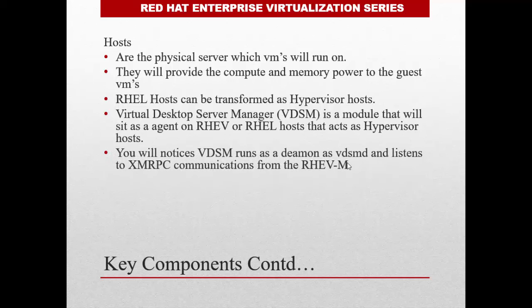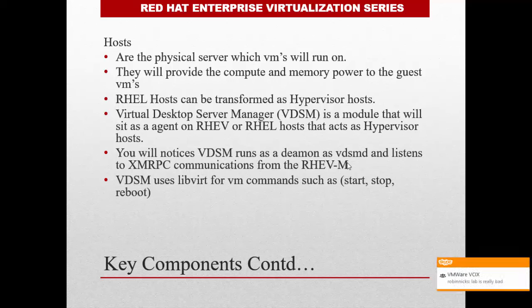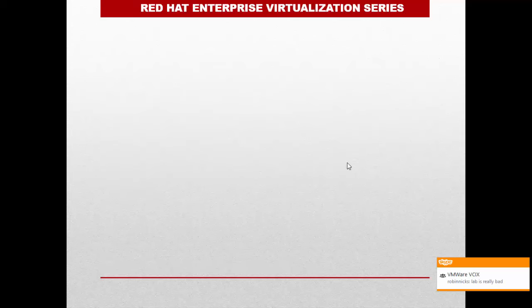You will notice VDSM runs as a daemon, where you can see with a service status vdsmd, and it listens to XML-RPC communications to communicate with your RHEV Manager. In turn, VDSM uses libvirt for VM commands such as start, stop, and reboot.